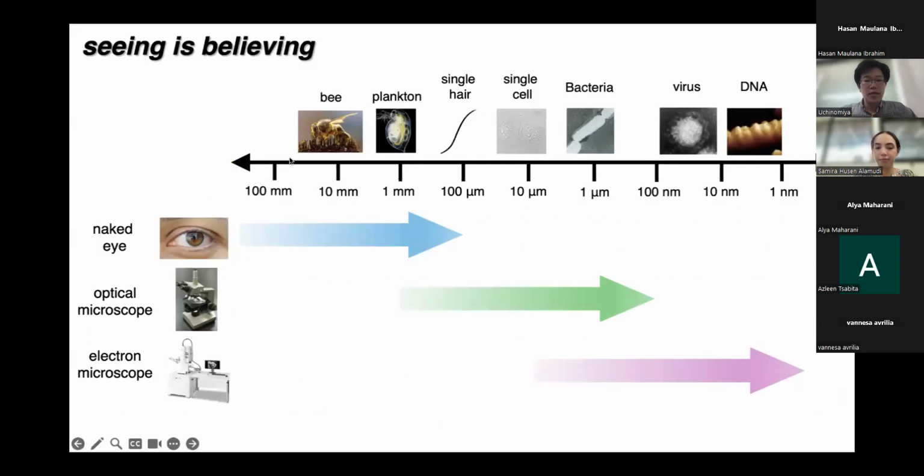Initially, let's briefly review the last class. The resolution of our naked eye is about 0.1 millimeter. So we can see the structure of a bee, but it is difficult to see plankton. Of course, we can see some small things moving, but we cannot directly see the structure of plankton with our naked eyes. So humans have developed the optical microscope and electron microscope for understanding the small world.